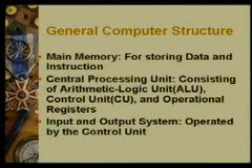The main memory is used for storing data and instructions. The central processing unit consists of the arithmetic logic unit, control unit, and operational registers. And the third unit is the input and output system, which is normally operated by the control unit. But what are the utilities of all these components? How are all these three things related to each other?